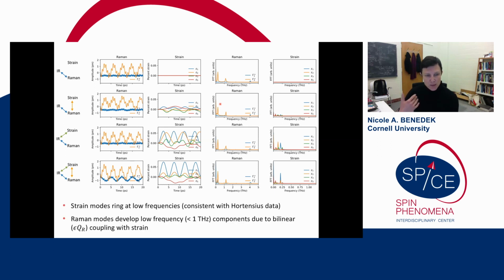So the main things that we get from this are the strain modes ring at low frequencies. That is exactly what you would expect, nothing surprising there. And then the Raman modes develop low frequency components below a terahertz due to bilinear coupling with strain.